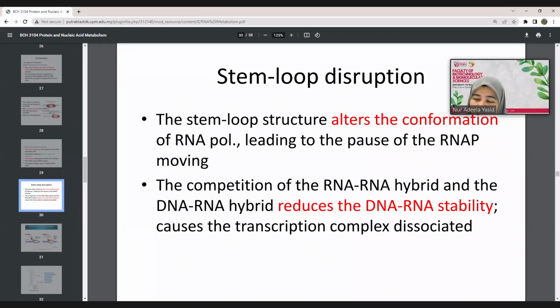So that's why we have the termination process. We need to tell RNA polymerase to stop transcribing the DNA to RNA. So RNA hybrid is a term to tell us that we have enough mRNA transcribed from DNA.